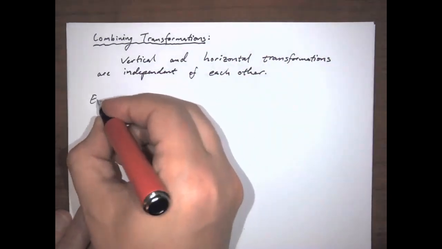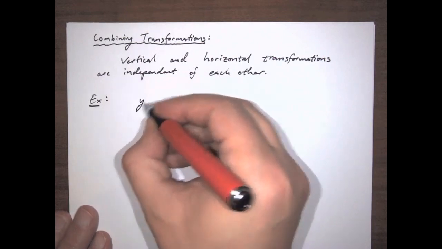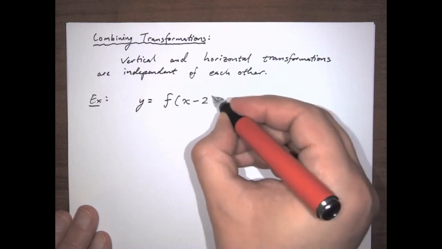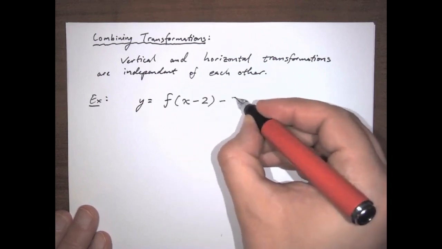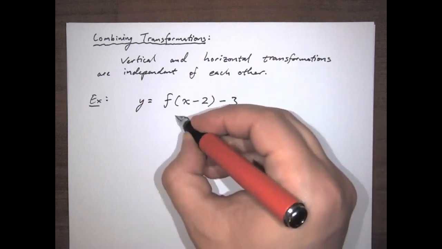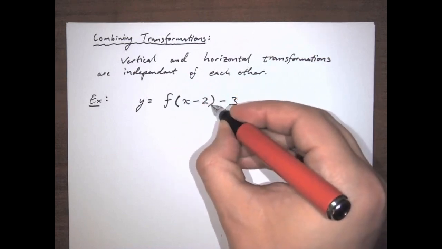So for example, if I had something like y equals f of x minus 2 minus 3, then I can think of this as being two separate things. Here is the boundary between the inside and the outside.